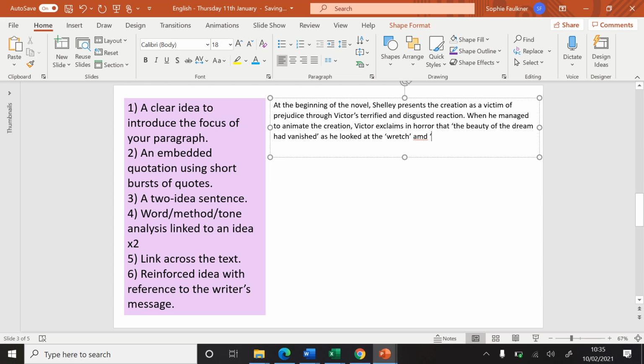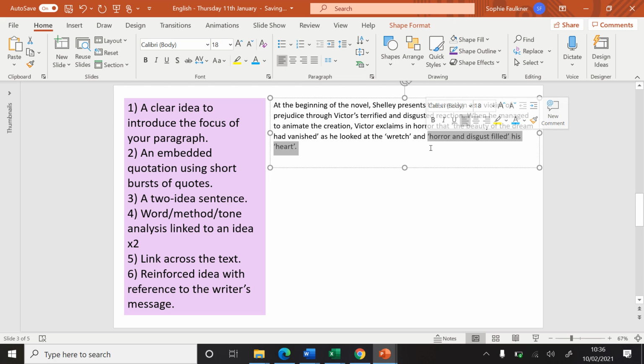Is it horror and disgust or disgust and horror? Horror and disgust, I think. Horror and disgust filled his heart. The original quote is horror and disgust filled my heart, so I've just taken the his out of the quote. That's my embedded quotation.